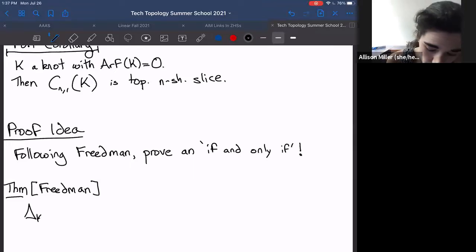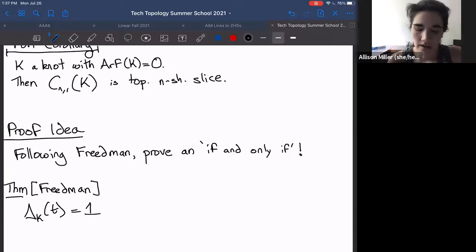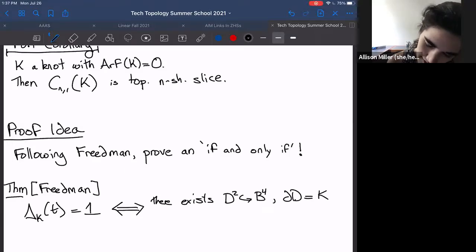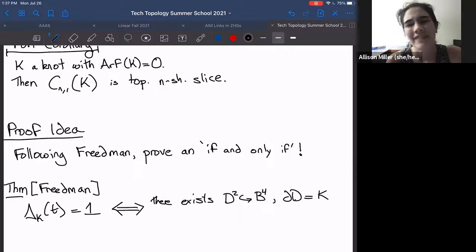Well, it's exactly the one I referred to earlier, that given any knot K, the Alexander polynomial of K is trivial if and only if there exists a disk in B^4, whose boundary is K, and here in the future, everything I talk about is locally flat.